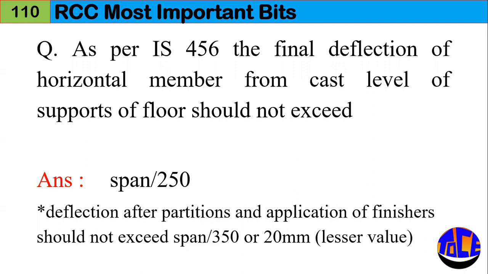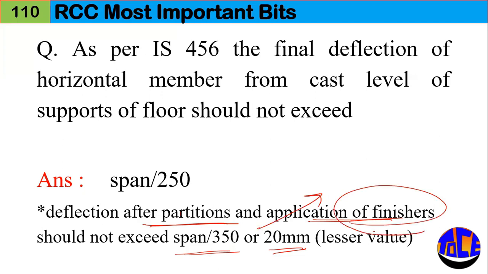And also the deflection after partitions and the application of floor finishes should not exceed span by 350 or 20 mm. Span by 350 or 20 mm. This is to prevent damage to the floor finishes and the partition walls.